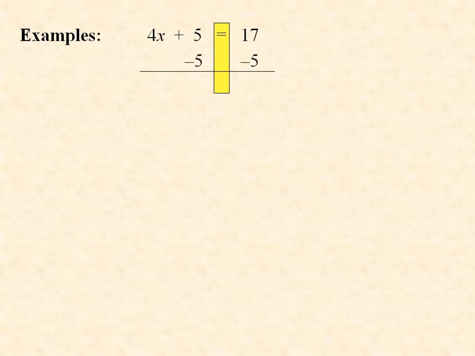If we add -5 to the left, we must also add it to the right. And that leaves us 4x on the left and 12 on the right. Then we need to undo the multiplication by 4. We can undo that multiplication if we divide by 4. So we divide both sides by 4. The 4's cancel on the left. And finally, we're left with x equals 3.